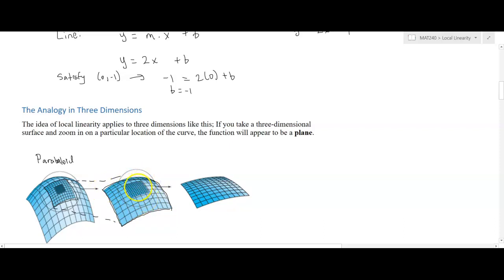But now if we continue to zoom in on this portion right here, that becomes this image, and we see something that looks even more flat than before.